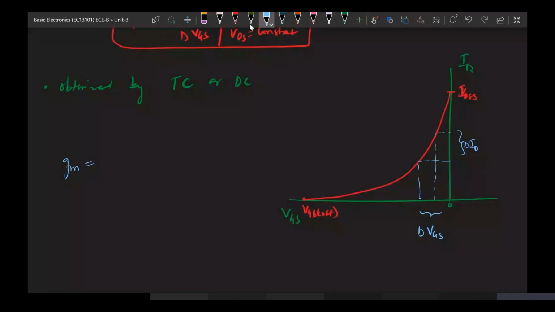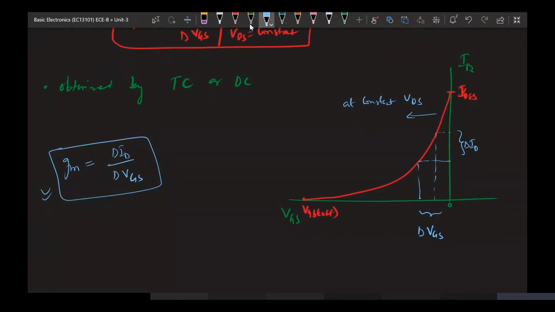So change in ID divided by change in VGS, plotted at constant VDS, will give us the GM.